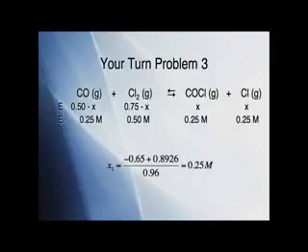So we have 0.50 minus 0.25 moles per liter, which gives us an equilibrium concentration of 0.25 moles per liter for our CO. For our Cl2, 0.75 minus 0.25 moles per liter gives us an equilibrium concentration of 0.50 moles per liter for the Cl2. For our COCl, our concentration is just plus X, which is plus 0.25 moles per liter, and the same for our Cl. It would also be 0.25 moles per liter.